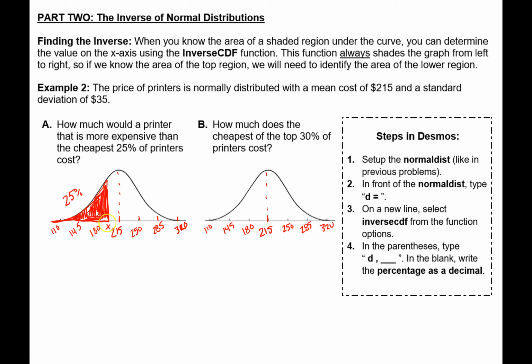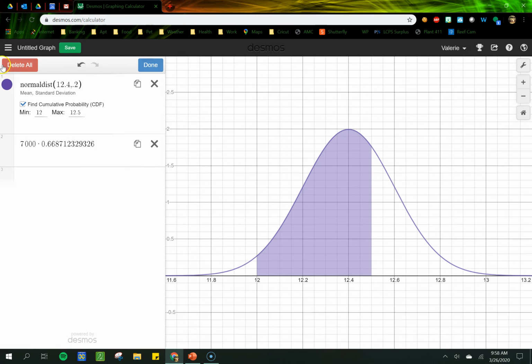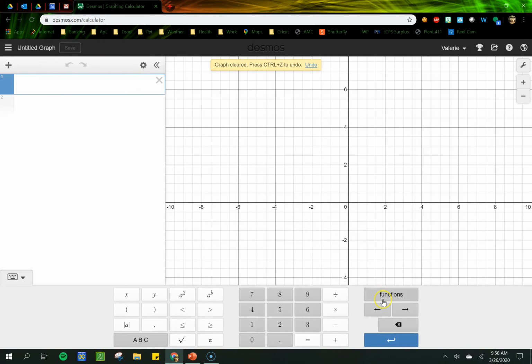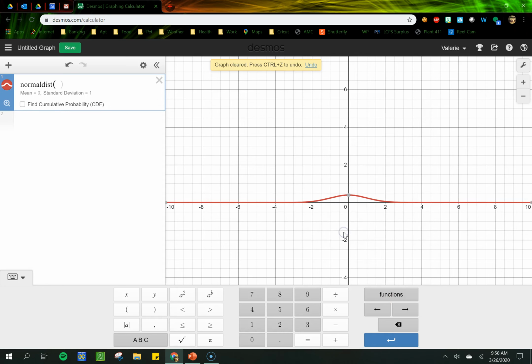So we are again going to go to Desmos to get some help with this. This time, though, in our functions, we're going to set up our normal distribution just like we did before. So we have a mean of $2.15 and a standard deviation of $35. We're not going to click the find cumulative probability, though.